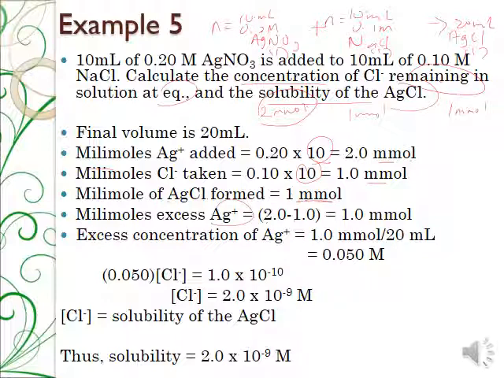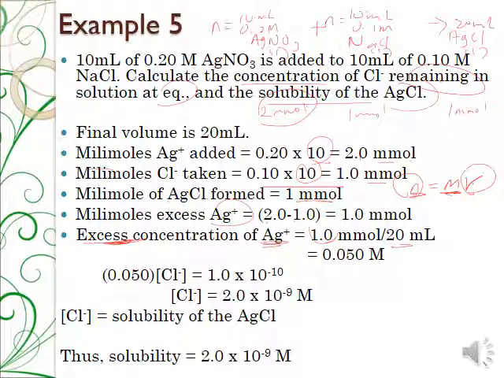So the concentration of silver, we are calculating the excess concentration here. Go back to the formula n equals MV. We have volume, we have n, we can solve M. V in this case is 20 ml because it has already been added. n is the difference here, 2 minus 1, so 1 millimole excess.